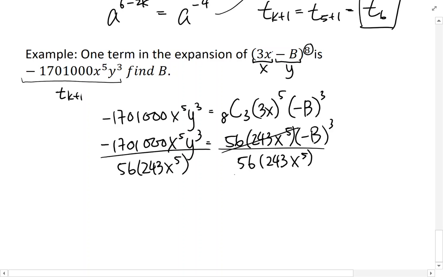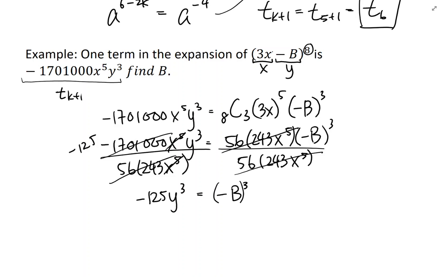So then these are gone. That is gone. When you divide these two out, you'll see that what you're left with is negative 125. So that gives us 125 y to the 3 equals negative b cubed. When you multiply out negative b to the 3, it's basically the same thing, but without brackets.